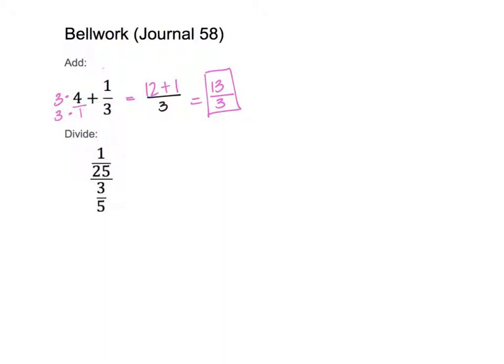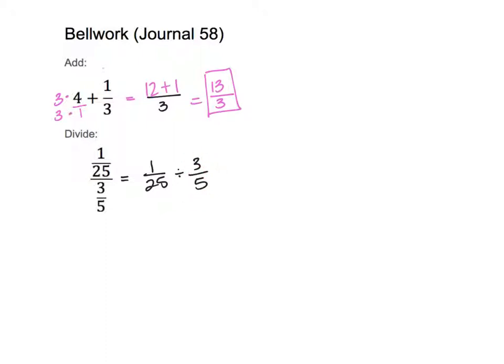All right, so now we're going to take a look at the fraction one here for division. This here is really just saying I'm taking this fraction and dividing it with this fraction. So let me write this as something that you guys are more comfortable with, and that is 1 over 25 divided by 3 over 5. When we do division, what happens with the second fraction?